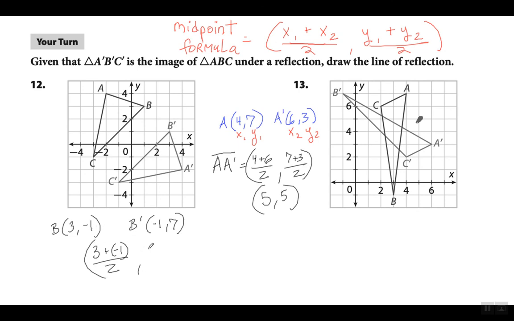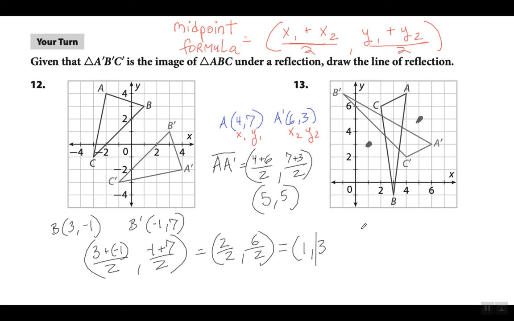And negative 1 plus 7 divided by 2. All right, so 3 plus negative 1 is the same as 3 minus 1. So that's going to give me 2 divided by 2. Negative 1 plus 7 is going to give me 6. All right, so 6 divided by 2. So my coordinates there are going to be 1, comma 3. All right, so the midpoint of B prime is at positive 1, positive 3.